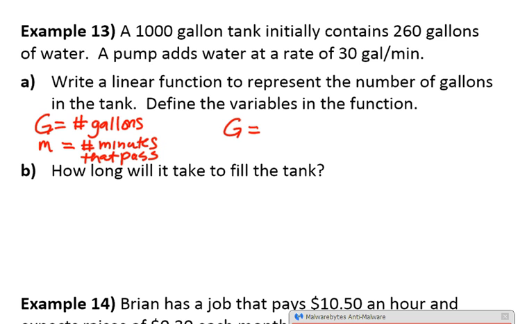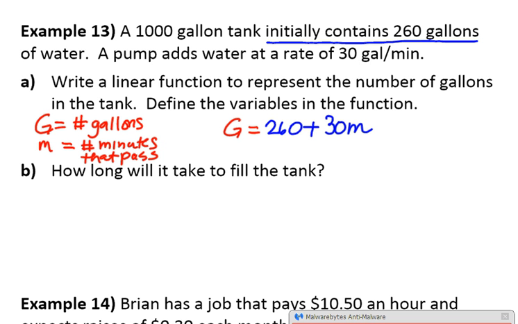Well, initially, we have 260 gallons. So that's going to be equal to 260 plus every minute, there's going to be more water pumped in. So every minute, 30 gallons are going to be pumped in. So 30 times the number of minutes will tell us how many gallons are being added. So that's our equation, 260 plus 30M.